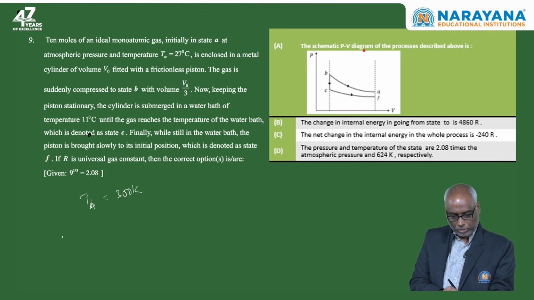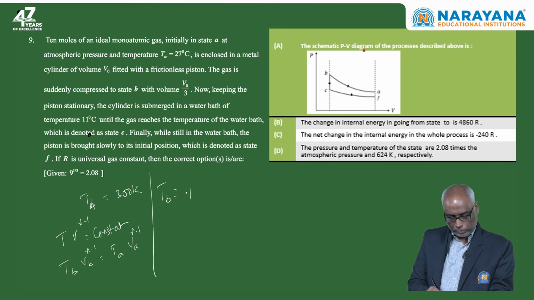Because it is an adiabatic process, T V to the power gamma minus 1 equals a constant. So, from this equation I can say Tb Vb to the power of gamma minus 1 equals Ta Va to the power of gamma minus 1. So, Tb equals Ta into Va divided by Vb, to the power of gamma minus 1.